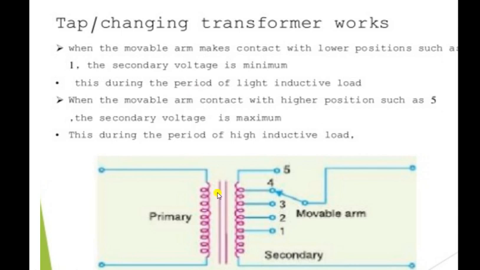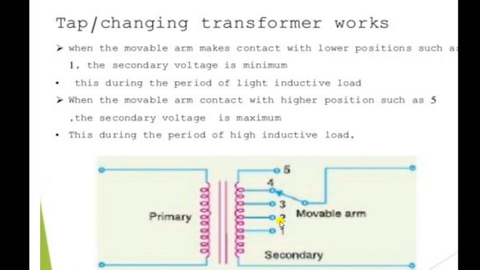Off-load tap changer means whenever we want to change the tap position, it may be from 1 to 2 or 2 to 3 or any other position, first we have to turn this transformer off or isolate it, then we can change the tap position and once again bring the transformer into the line.